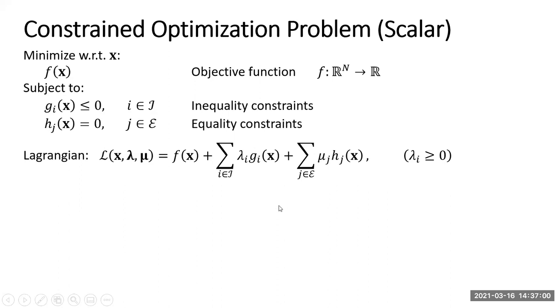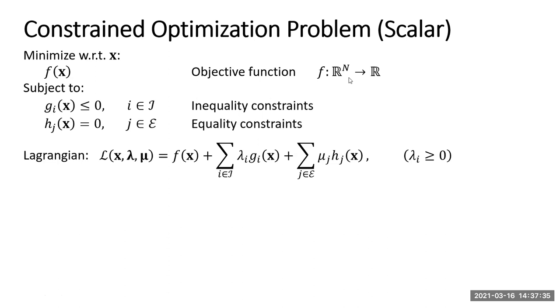And so we have one Lagrange multiplier for every inequality constraint, and another for every equality constraint. Furthermore, for the inequality constraints, we must have lambda i greater than or equal to 0. Mu j, the mu dual variables, can be positive or negative or 0, but lambda i's cannot be negative.